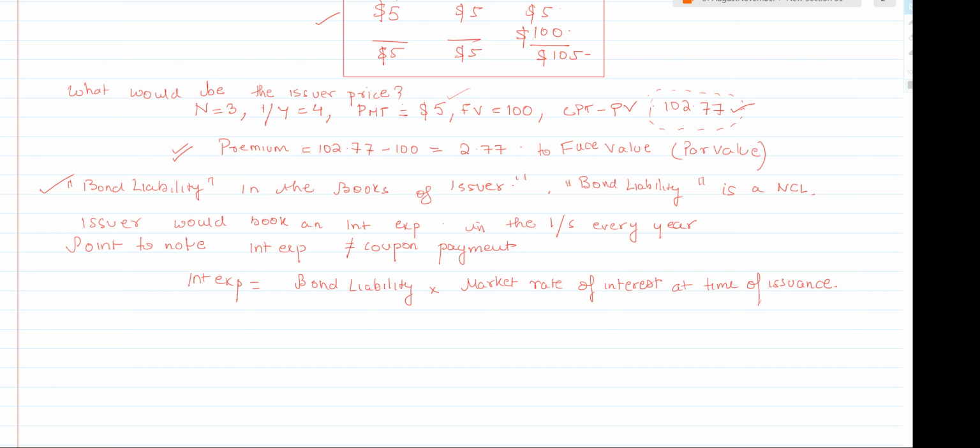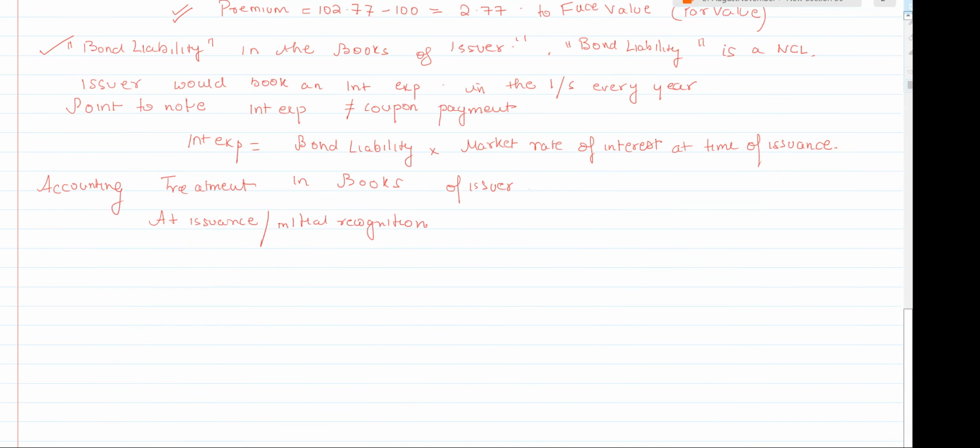Okay. So guys, let us understand the accounting treatment in the books of the issuer. Right now we are starting the very important point. Accounting treatment in the books of the issuer. So guys, at issuance of the bond, or at initial recognition, let me draw the balance sheet.